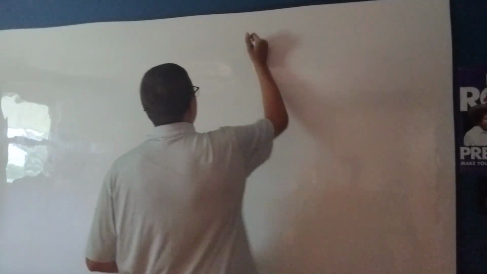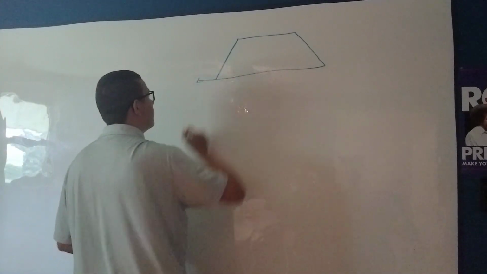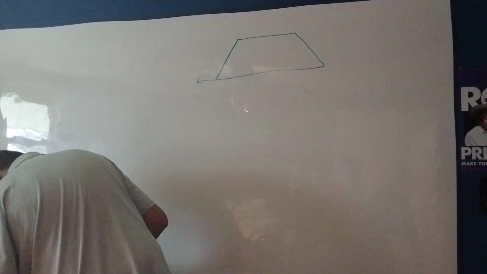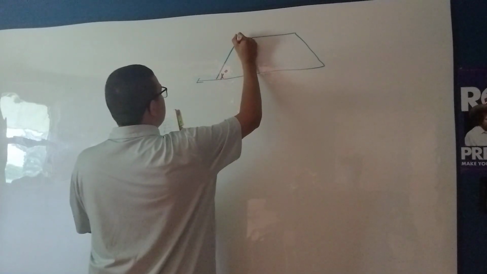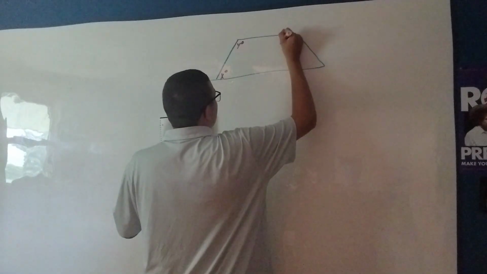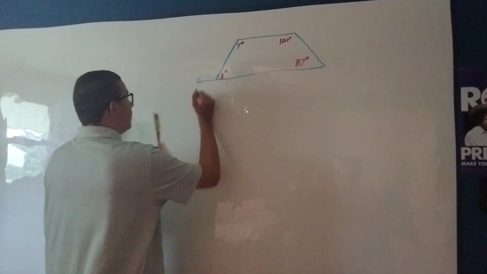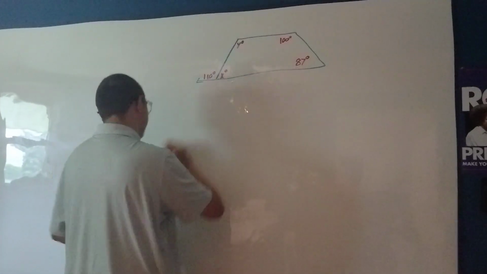So let's work on a problem here. We have a trapezoid thing like this, and we say that this here is x degrees, this is y degrees, this is 100 degrees, and this is 87 degrees, and we'll say this is 110 degrees, like that, this exterior angle.